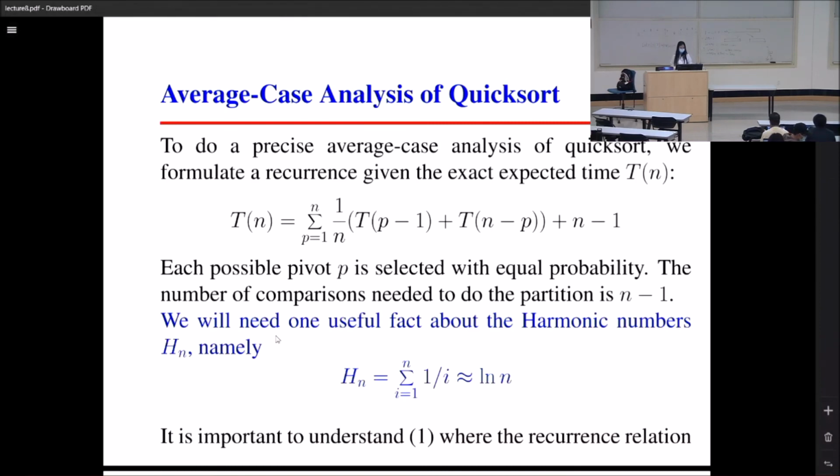One formula we need to use here is called the harmonic numbers H of n. So it has a formula here. If you have a series like 1 plus 1 over 2 plus 1 over 3 all the way to 1 over n, the summation will be approximately ln of n.